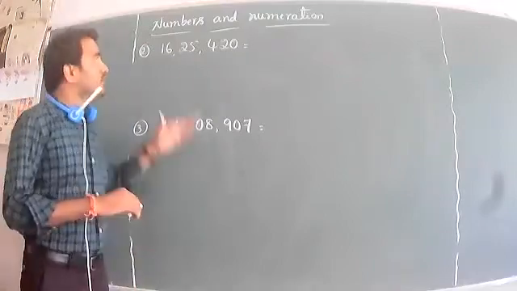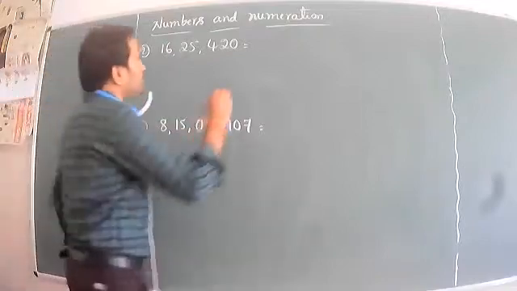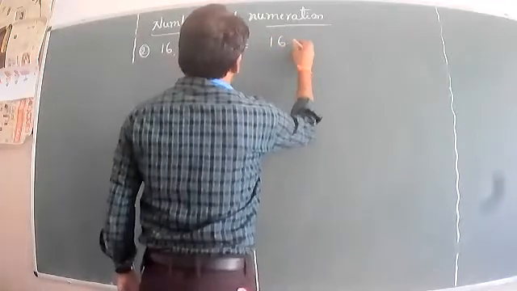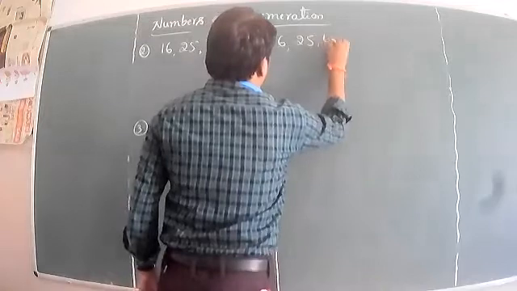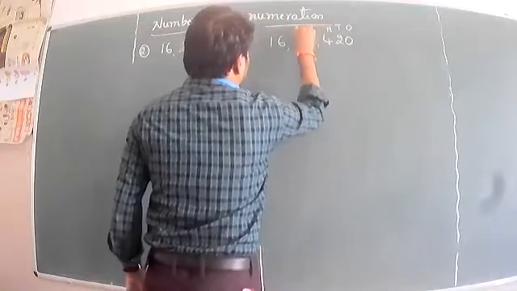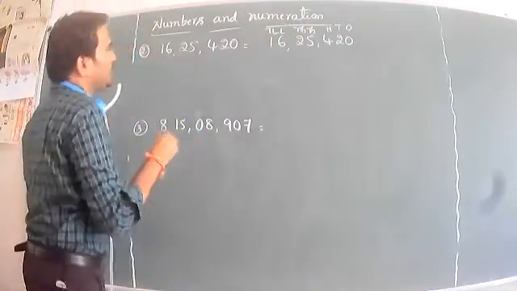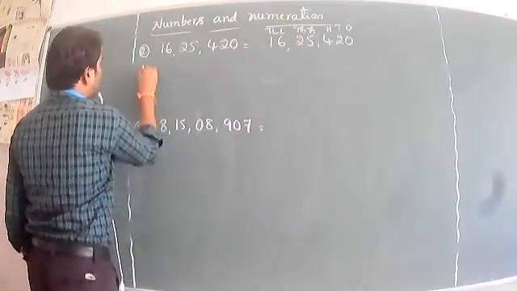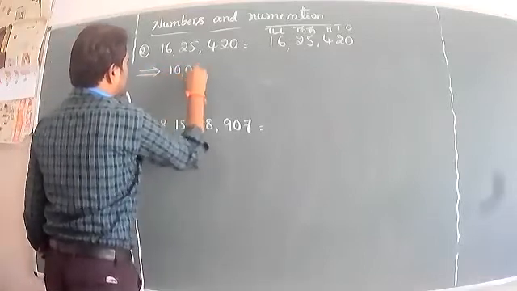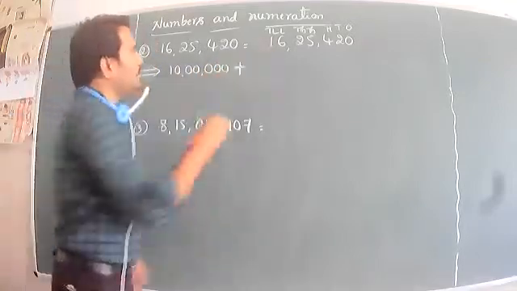Now I will go for a second example, a third example. We have to write the expanded form. First express the place values for 16,25,420: ones, tens, hundred, thousand, 10,000, lakh, 10 lakh. So we can express the expanded form. First is 10 lakh, plus next lakh, 6 lakh.